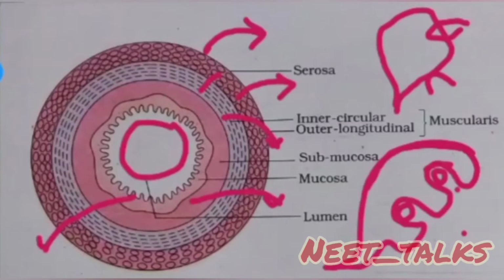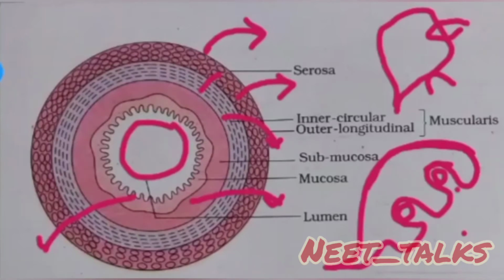There are 2 layers: the outer longitudinal and inner circular. How I used to remember this: when we talk of the earthworm, the body of the earthworm also contains 2 muscular layers, the outer circular and the inner longitudinal, right? So, when we talk of this earthworm, we can assume the structure like this.